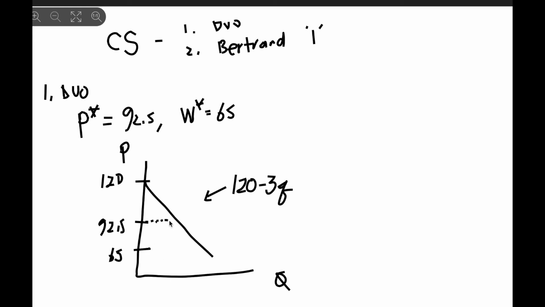Connecting the matching point, we get Q star at 110 over 12.